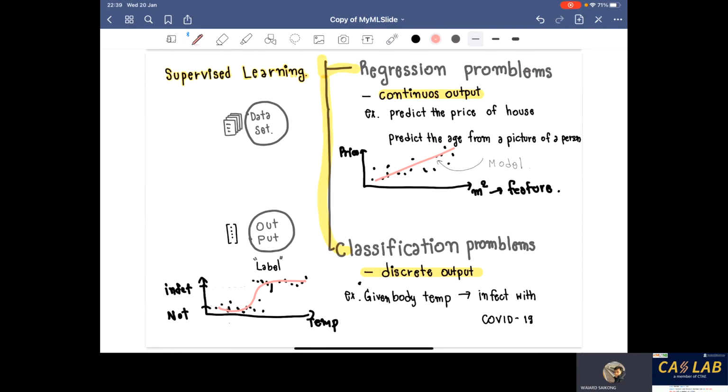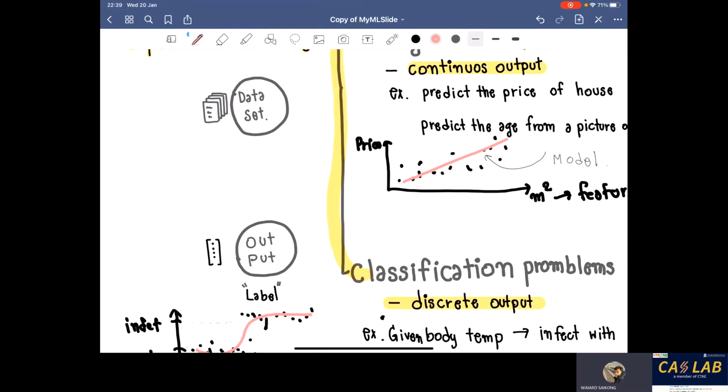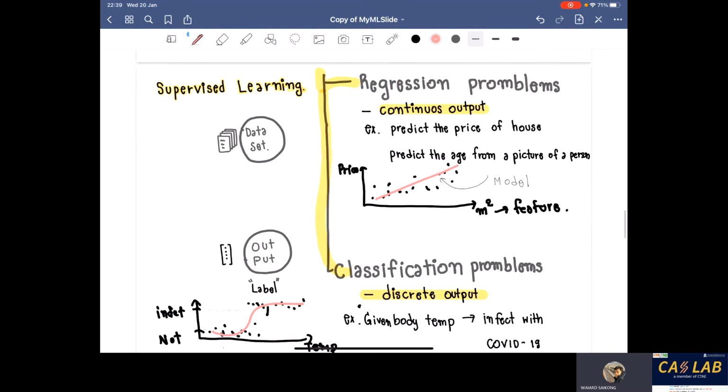The input data is composed of the dataset, and we already know what our correct outputs are, namely the labels. A label is the correct answer that we use with the input. You may call all of them a training set.